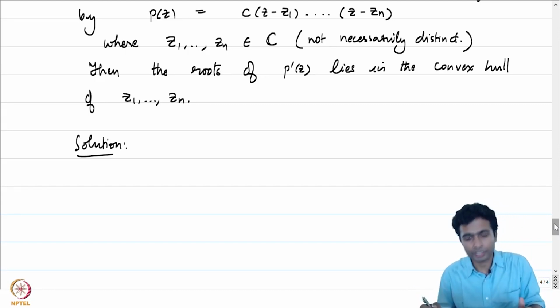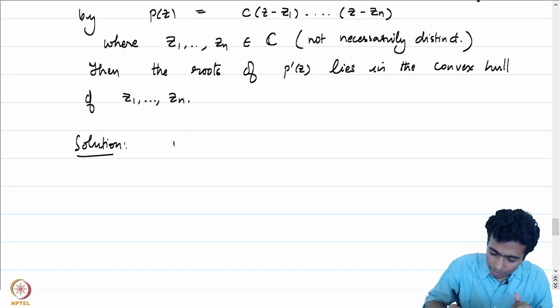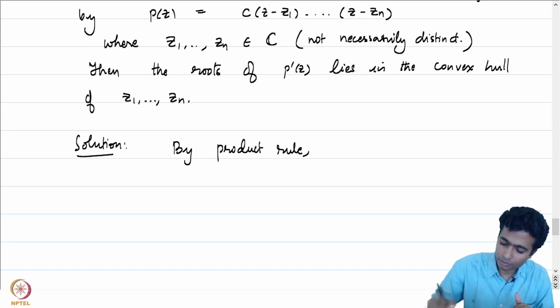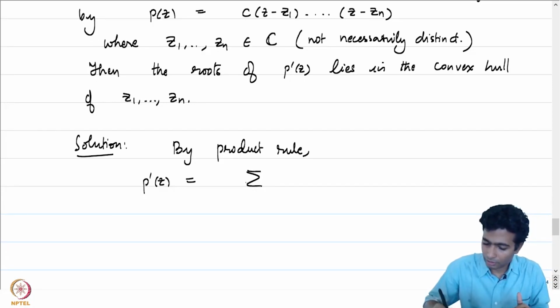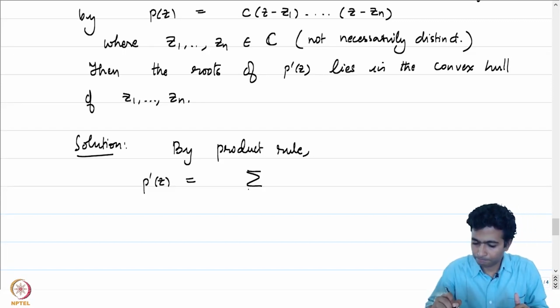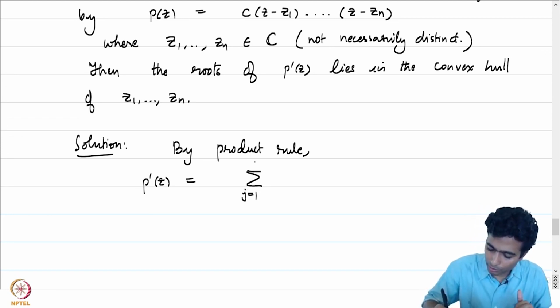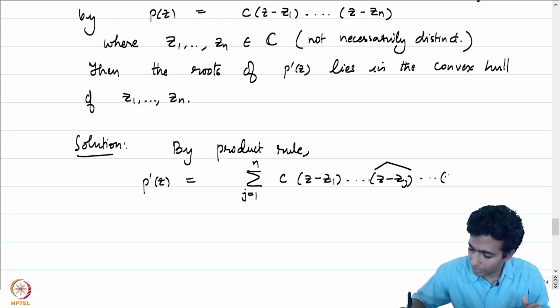When you consider the complex derivative, by the product rule or the Leibniz rule, P prime of Z is given by the summation, j equal to 1 to n, of C times (Z minus Z1) up to (Z minus Zj), with a hat here to denote that it has been removed, up to (Z minus Zn).